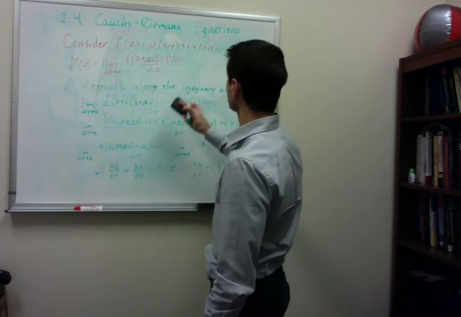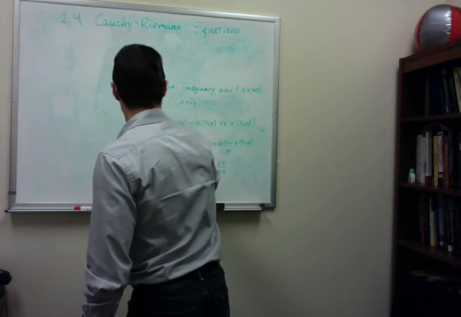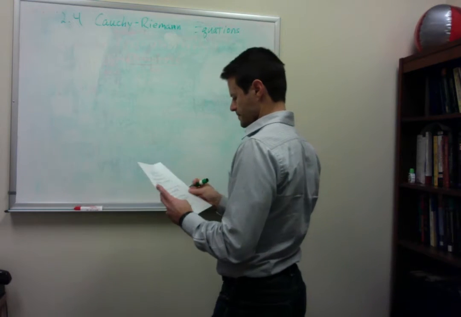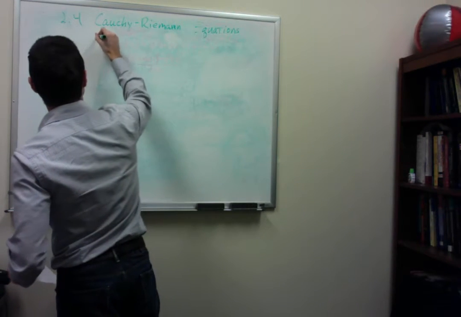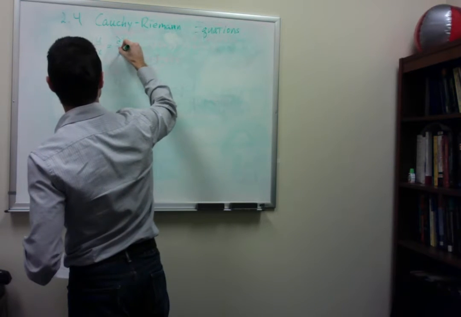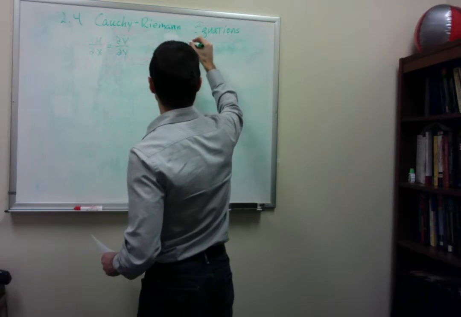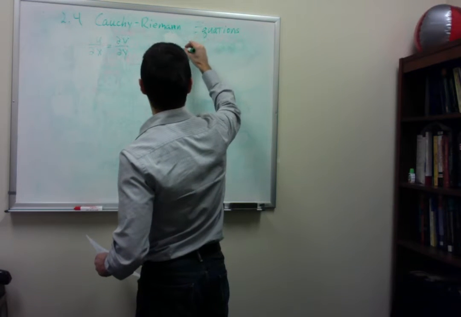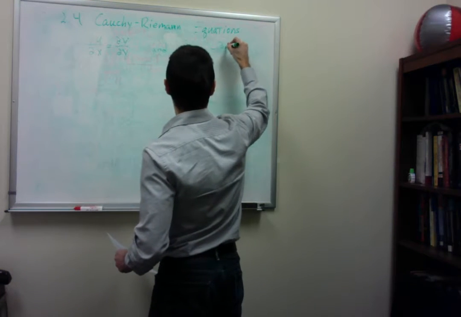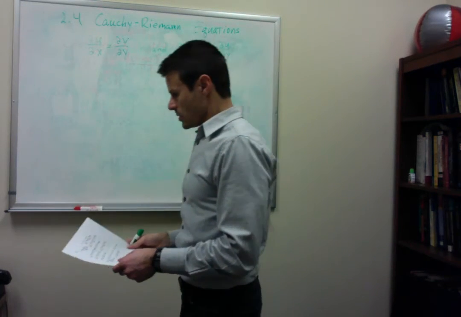Okay? So those are the Cauchy-Riemann equations. So we have du dx equal to dv dy. This is 1. And the other equation, dv dx equal to minus du dy.